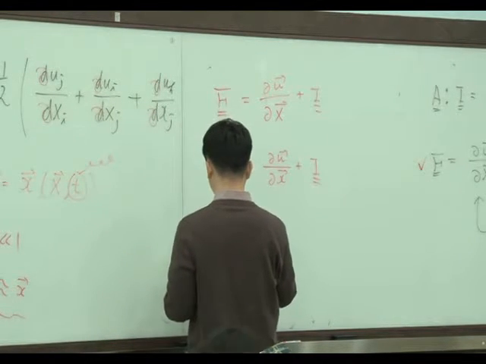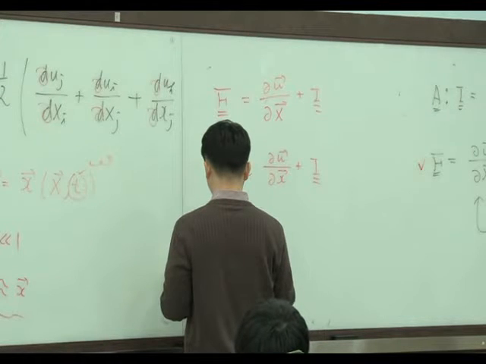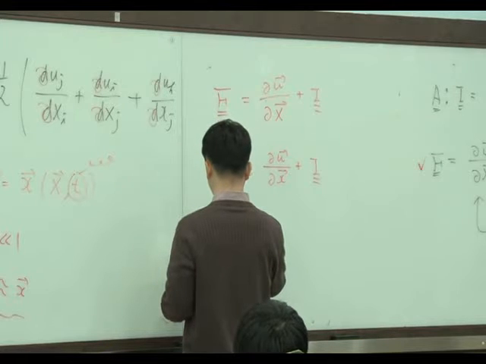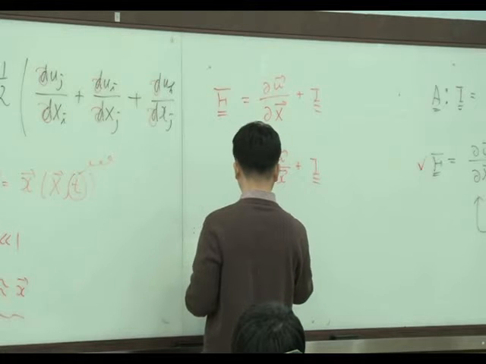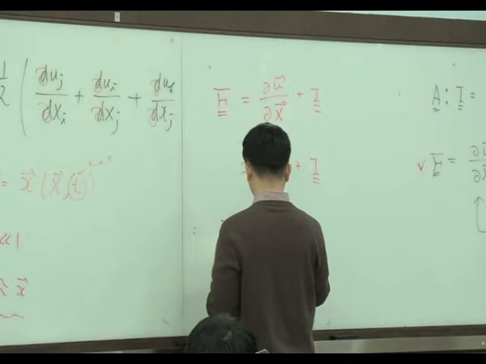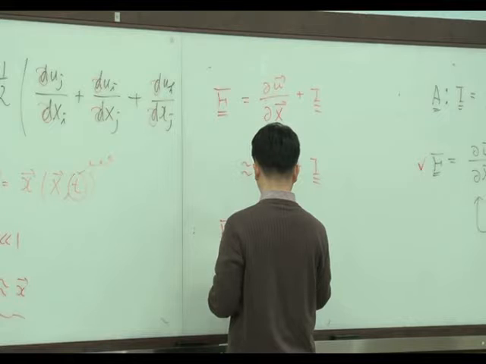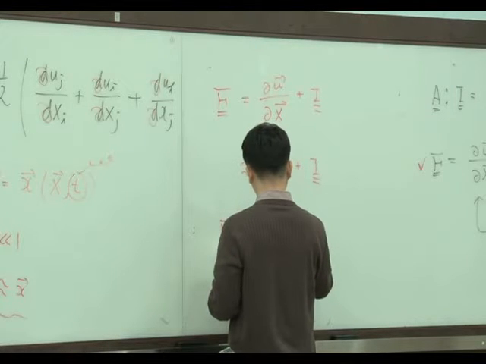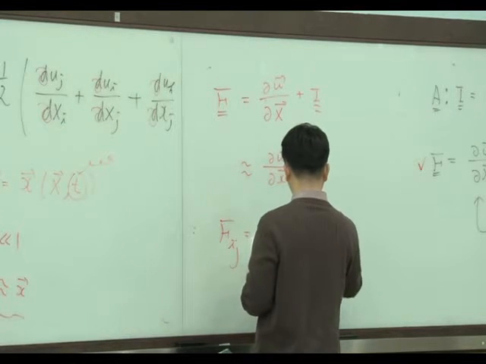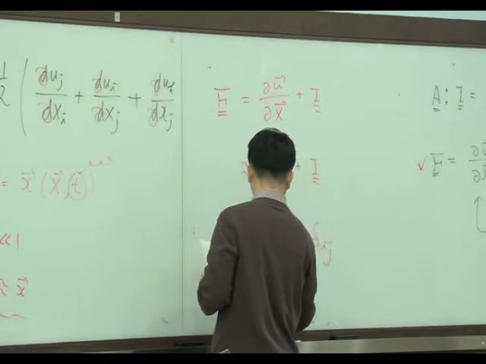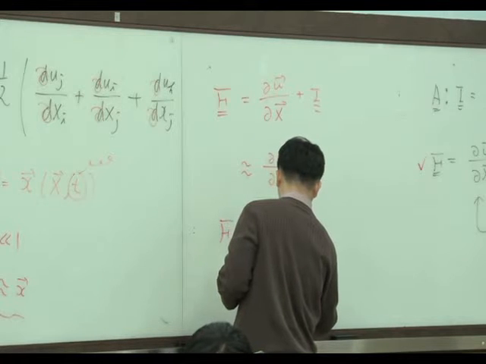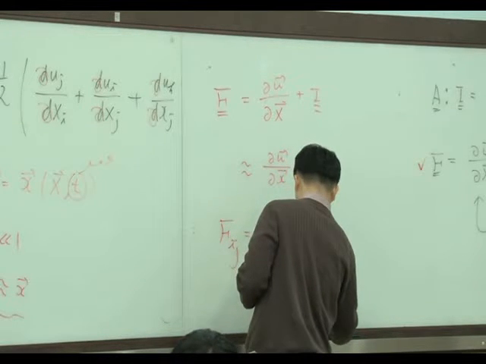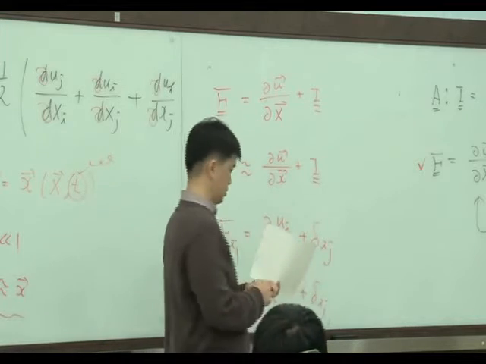And in index notation, it is partial xj ui plus delta ij, okay.